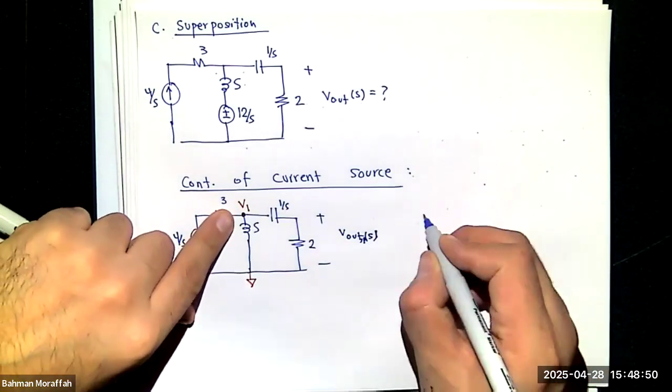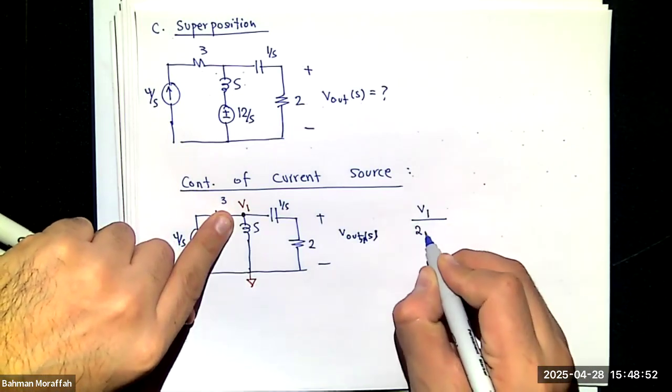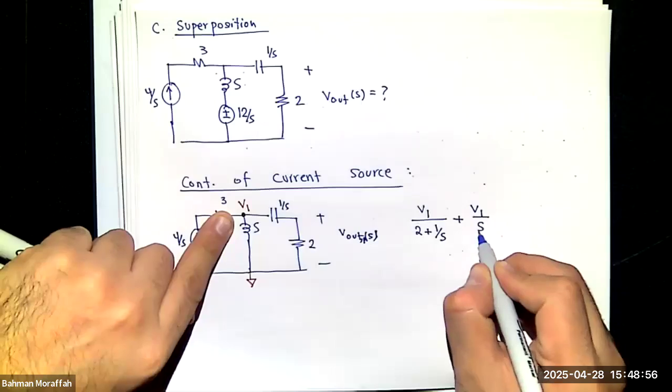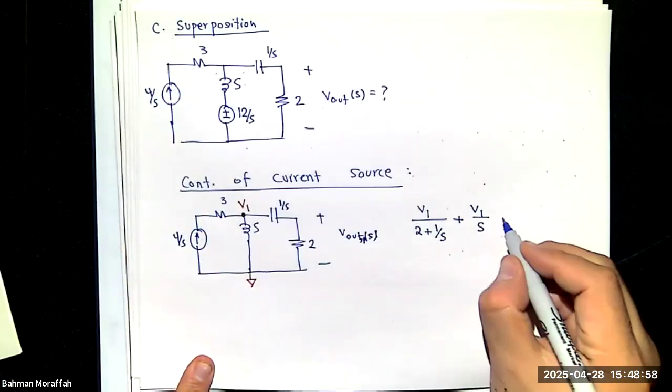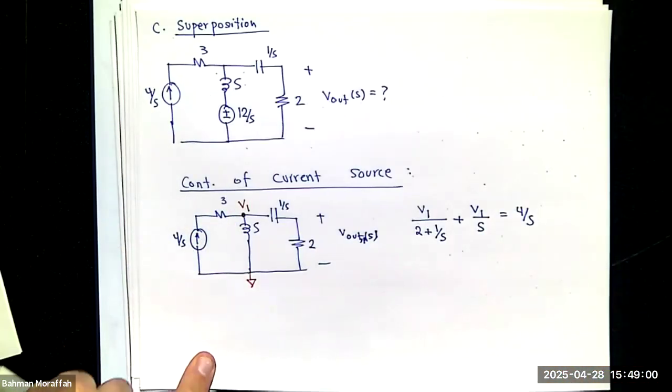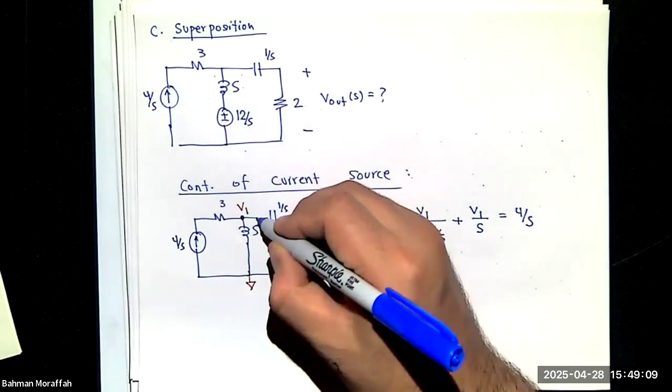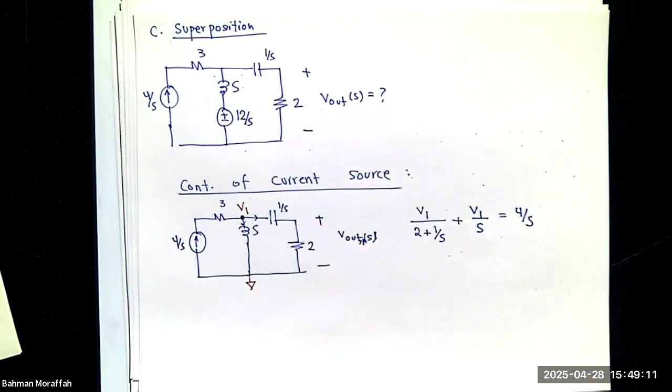It is V1 divided by 2 plus 1S, plus V1 divided by S, equal 4 over S. Do you agree with me? I assume the currents are going up. Yeah? You with me or not?